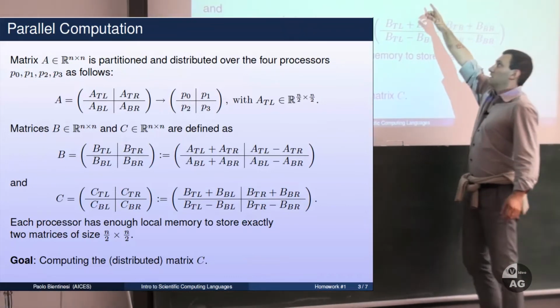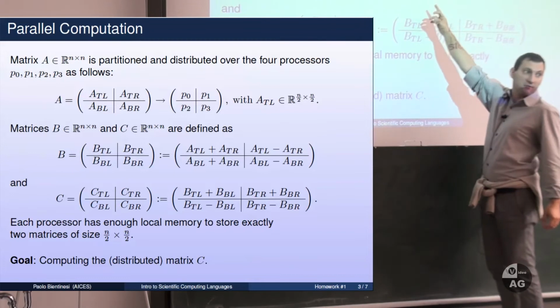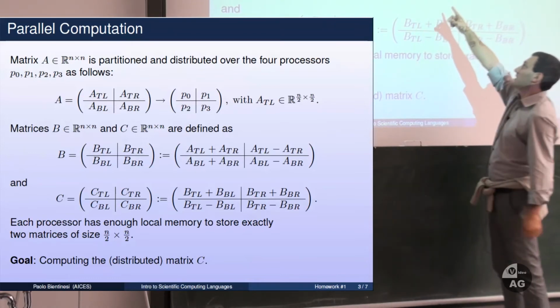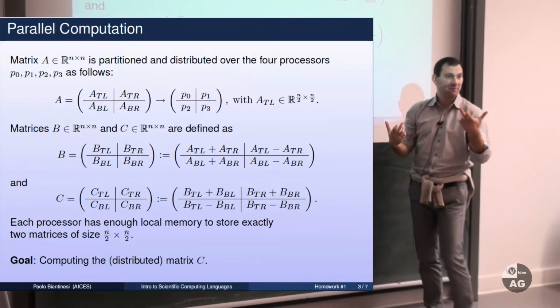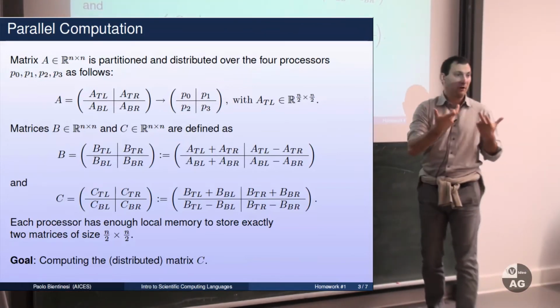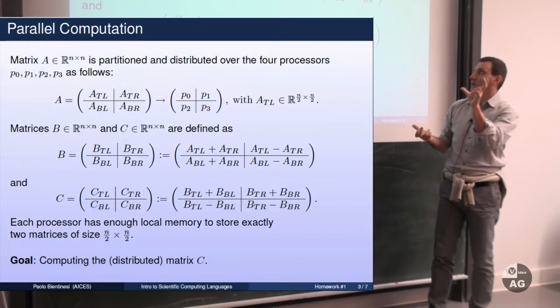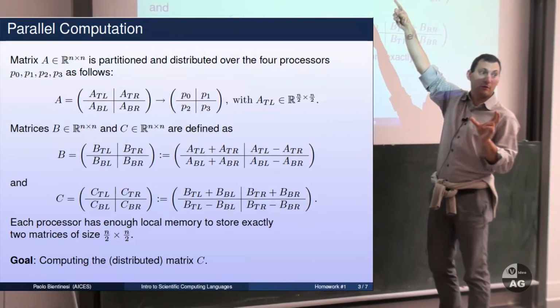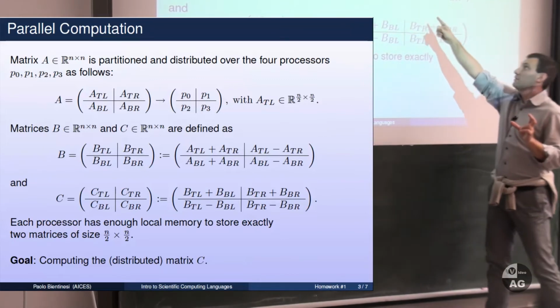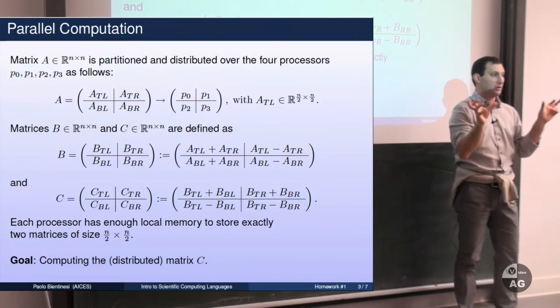Okay, guys, let's look at what happens. B top left, let's see what it is like. B top left is the sum of A top left and A top right. A top left is a matrix that sits on P0. A top right is a matrix that sits on P1.